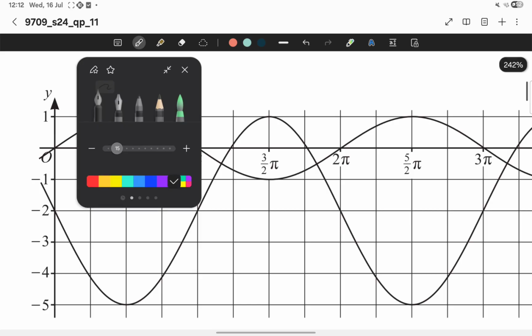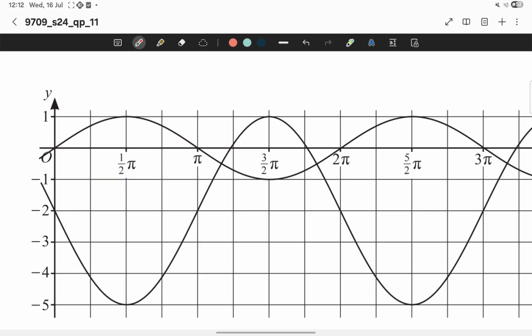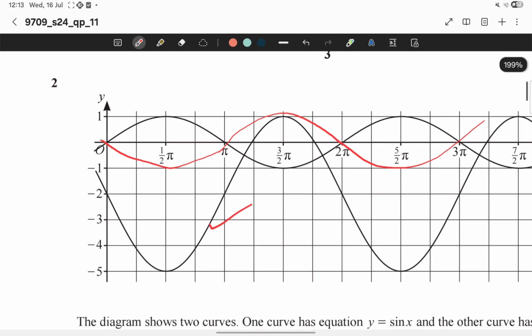We are told by the equation that y equals sine x was reflected in the x-axis to give us this red graph that I'm drawing. That was the first transformation, and we're being asked to write two further transformations from this red graph to this one.